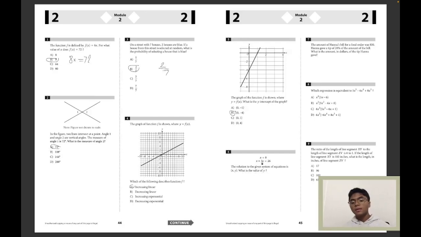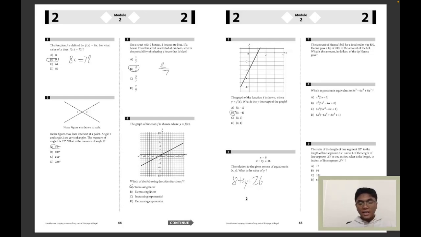Great. Question 6. The solution of the given system of equations is (x, y). What is the value of y? So here's a pretty typical system of equations. What you're going to see here is that if x is equal to 8 and x plus 3y is equal to 26, we can just substitute 8 for x. So that means I'm going to write 8 plus 3y is equal to 26.